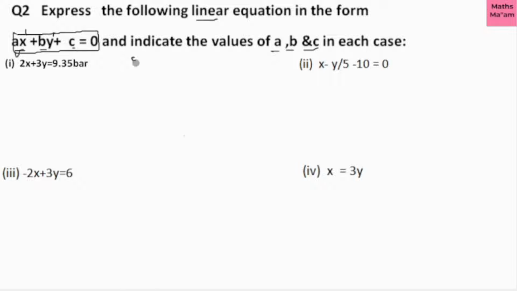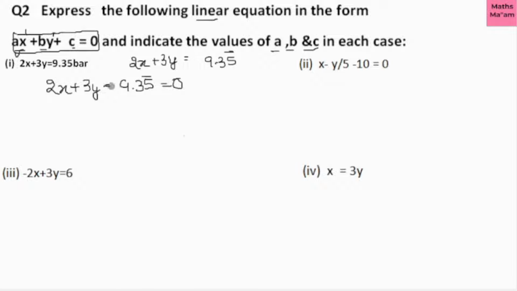Here the first is we have 2x plus 3y is equal to 9.3 bar, that means 5 is repeating, 3 bar. Okay. So we can make 9.35 bar move to the left side, so we can write minus 9.35 bar is equal to 0, right?